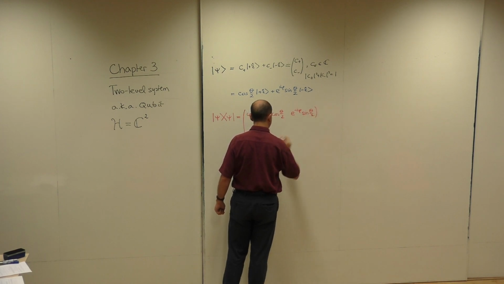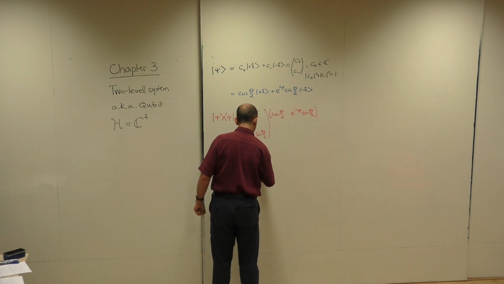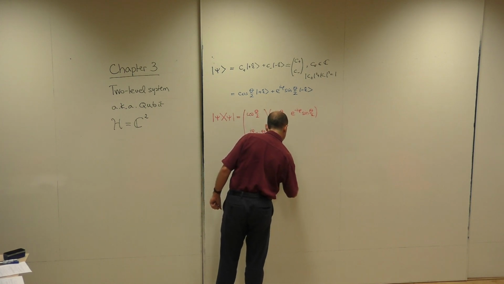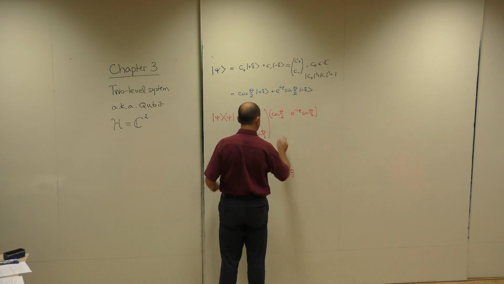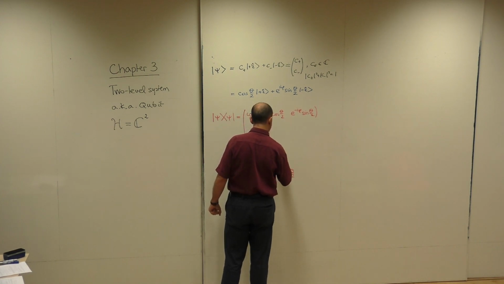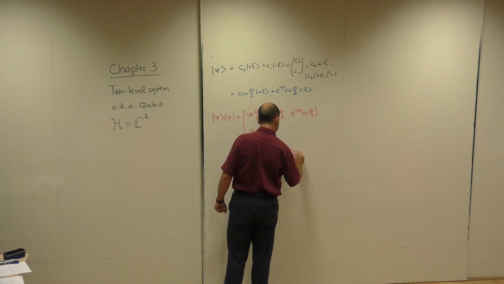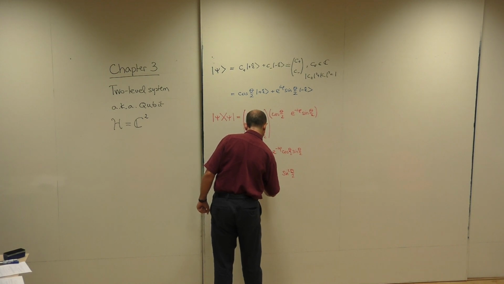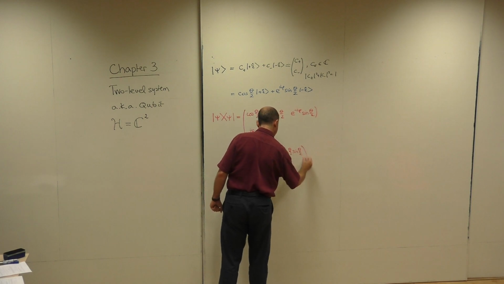And we open it up, this gives cos^2 theta/2, here sin^2 theta/2, up there e^{-i phi} cos theta/2 sin theta/2, and here e^{i phi} cos theta/2 sin theta/2.